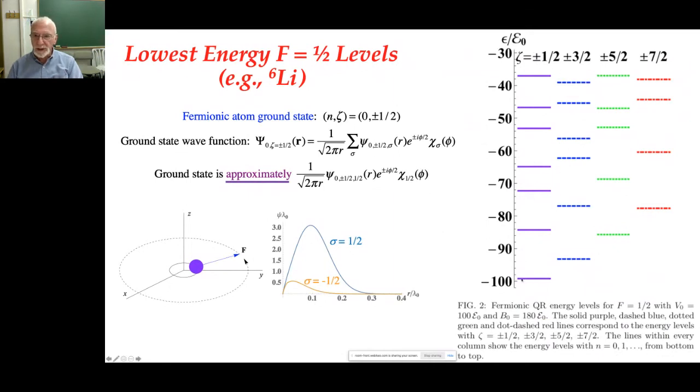So there are 2 states that are exactly degenerate over here, and that's the ground state. In fact, all of these states are doubly degenerate, as are these higher lying states with larger quantum number zeta, larger total angular momentum, which can be ±3/2 or 5/2 or 7/2, etc. We're going to be interested mostly in this ground state, which is degenerate.